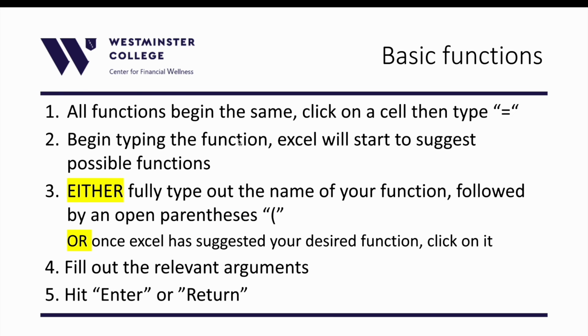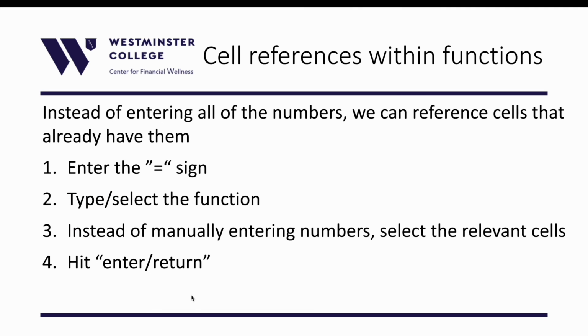All functions begin the same, typing equals. Excel, like you saw, will start to suggest functions, and we can either type it fully out, or you can just click on the function that you want, fill out the relevant arguments, hit return. That is all stuff we've already gone over.